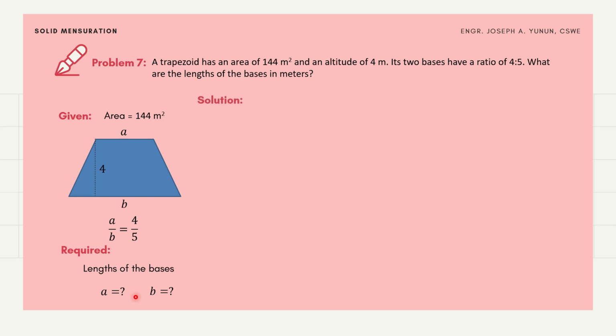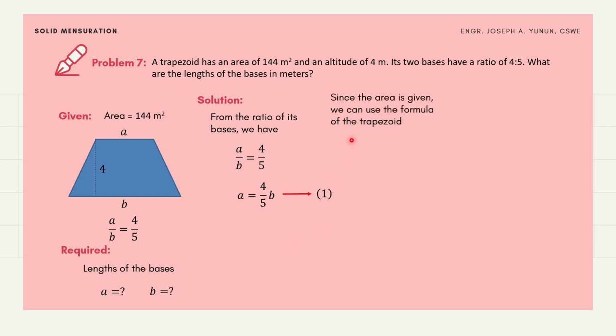Solving this, based on the given ratio of the bases, I can solve for side a. Multiplying both sides by b, the value of a is 4 over 5 b. Let us assume this is equation 1. Then, since the area is given, we can use the formula for the trapezoid.